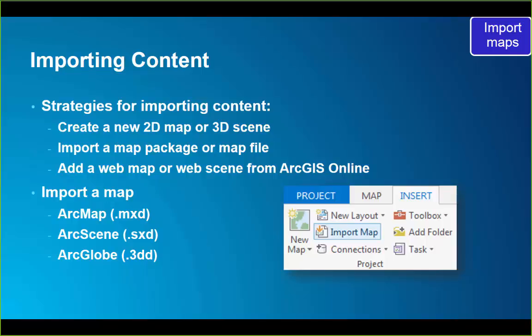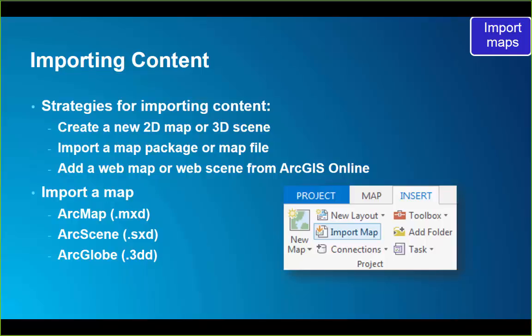Now, for this webinar, I'm just going to be focusing on importing a map and a scene from other desktop applications. You can import existing documents created in ArcMap, ArcScene, and ArcGlobe to your project. You do this from, again, within the Insert tab by clicking on the Import Map button.